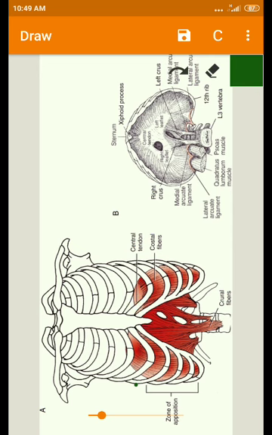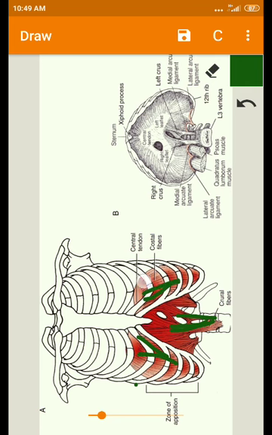Now this muscular portion of the diaphragm has two different muscles. One is present in the dorsal aspect and another in the ventral portion. These are the dorsal muscles and these are the ventral muscles.